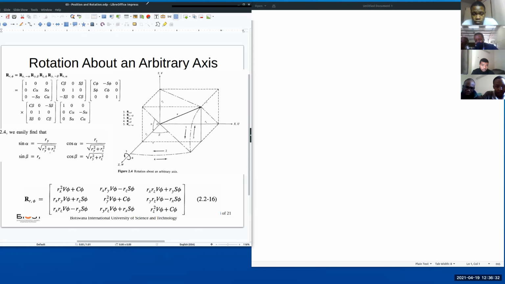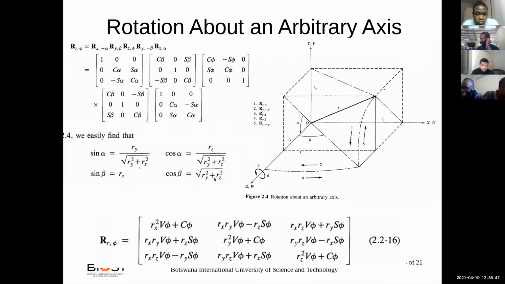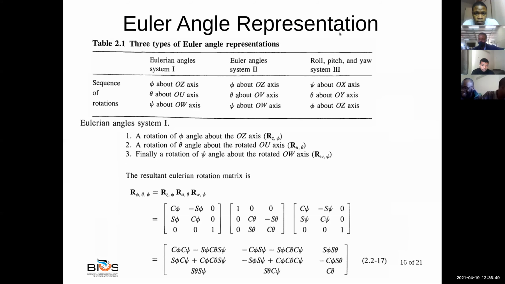Let's continue. I still have the remaining 30 minutes to do the transformation matrix. So now, this one is understood. Okay, what is this now?